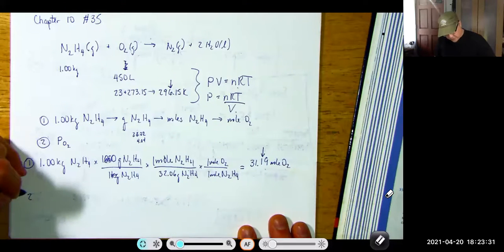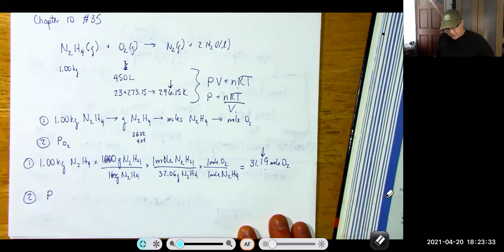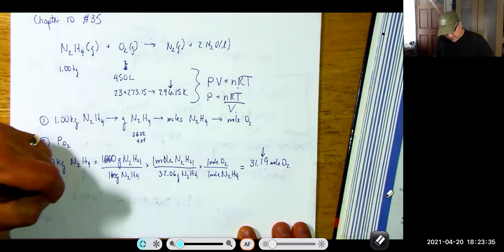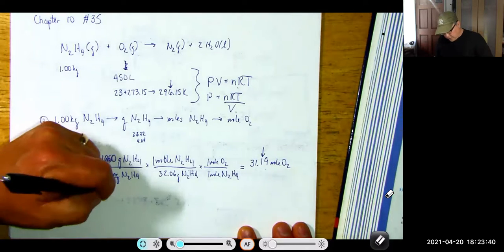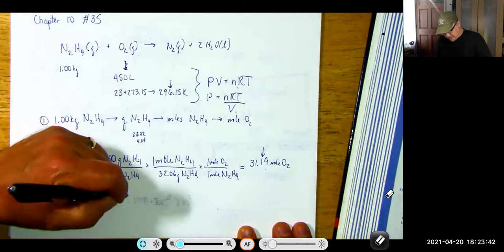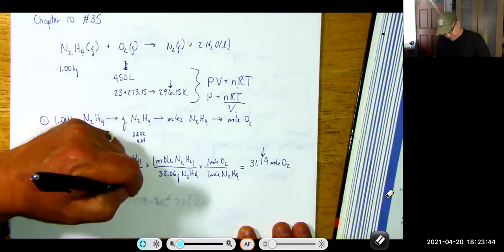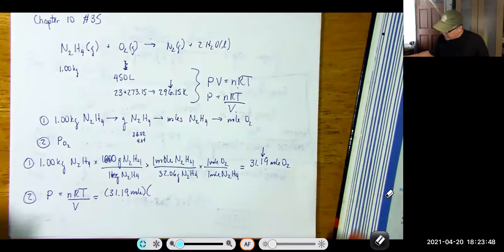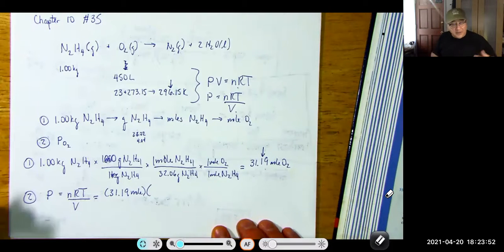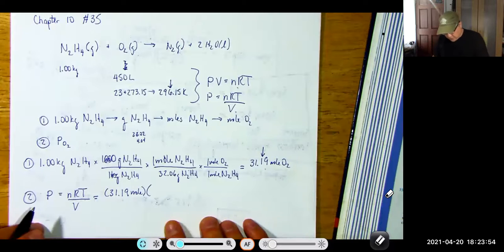Right. So for the pressure, we're going to use that the pressure is equal to nRT over V, which is 31.19 moles. And here, since it didn't ask for the pressure in atmospheres or in millimeters of mercury, we can do whatever we want here.